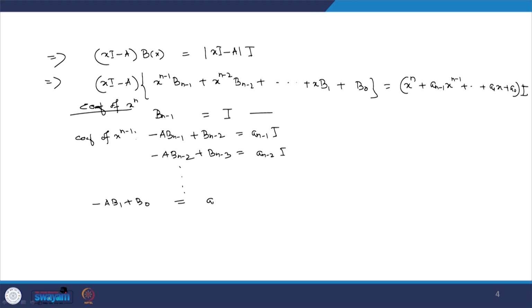So, this will be equal to a 1 into I, and the coefficient of x to the power 0 is minus a b naught, which is equal to a naught into I. Now, multiply the first equation by a to the power n, the next by a to the power n minus 1, and the last by a to the power 0.